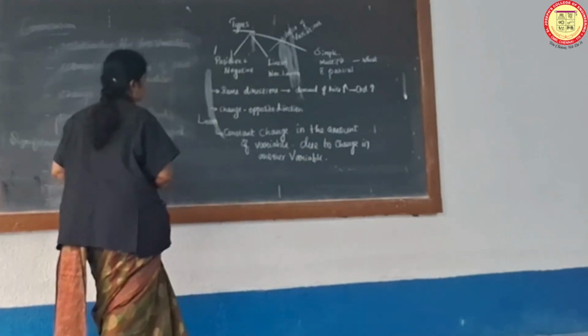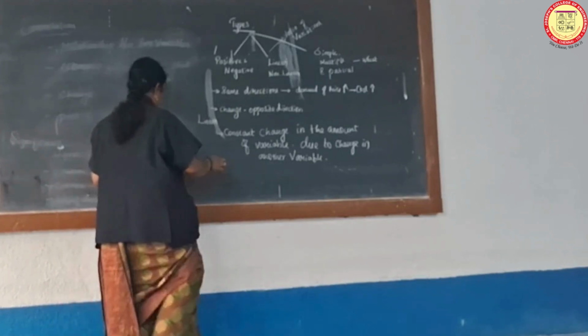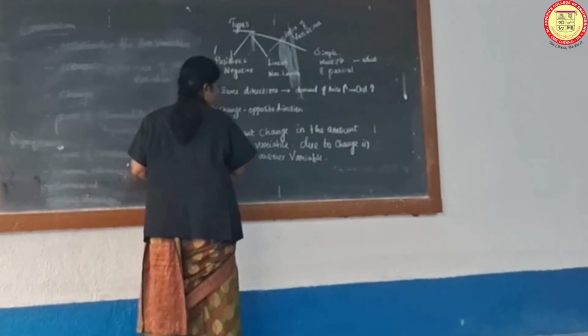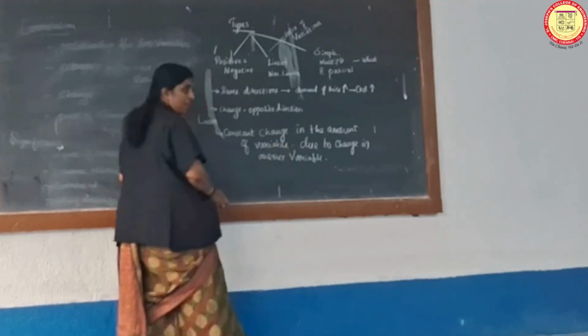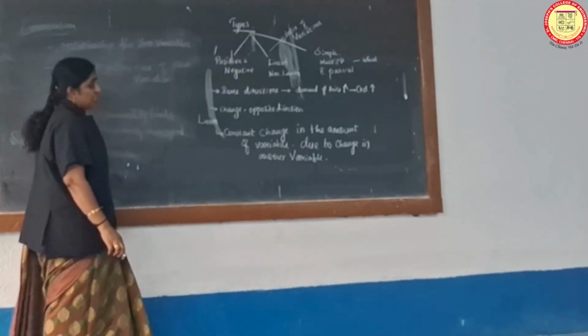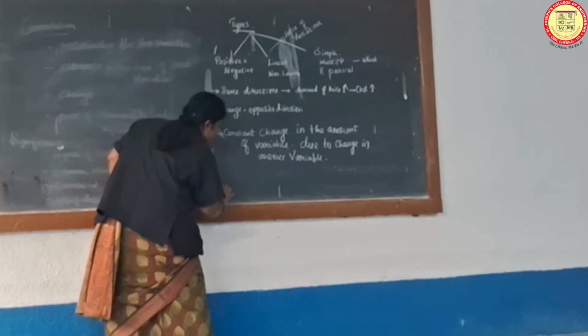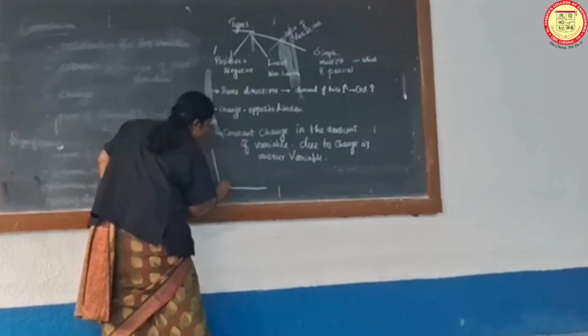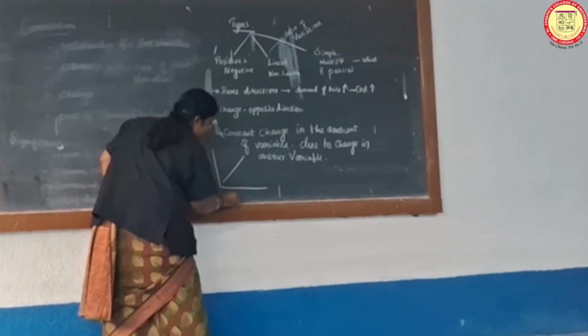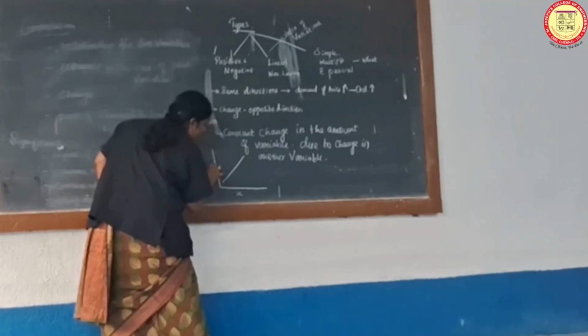This is called a linear correlation. Here, linear correlation means there is a constant change in the amount of one variable due to the change in the other variable. So this forms a linear variation. There are two variables, the x variable and the y variable.